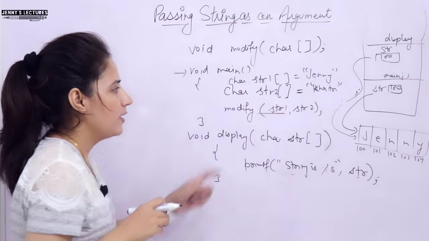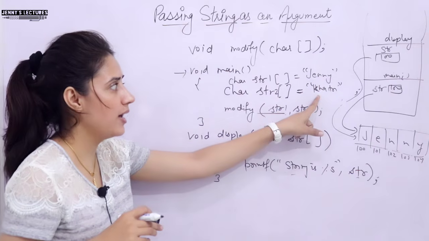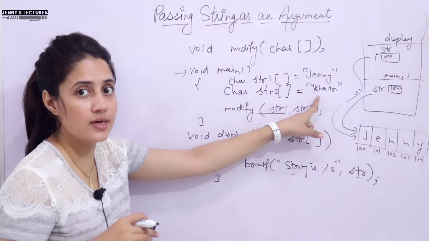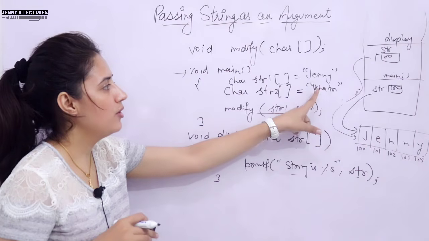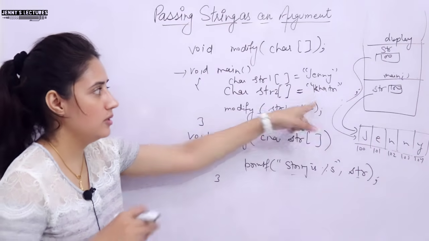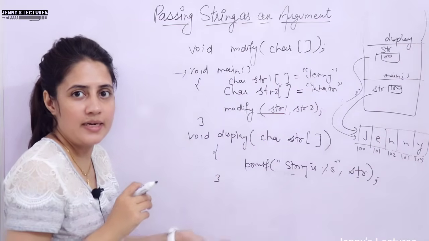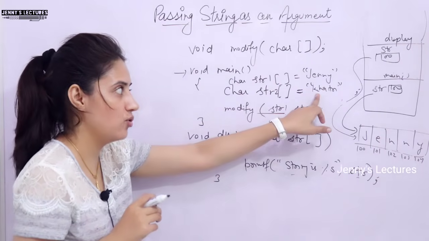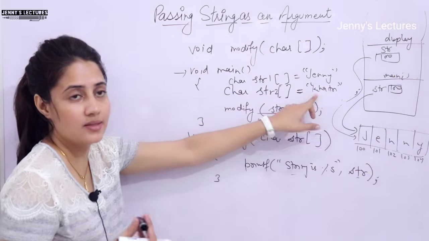I want a program where, for one string, I want to find out the length of the string, but for the other string I want to modify it, right? Suppose rather than this small k, I want a capital K, just this k only, or you can replace it with any other letter, like A or any other letter.